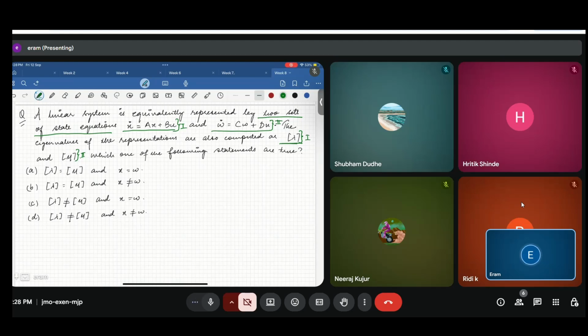Remember that these two sets of equations, x dot equals Ax plus Bu and w dot equals Cw plus Du, represent the same linear system. So is it possible to represent a system using two different state space models?